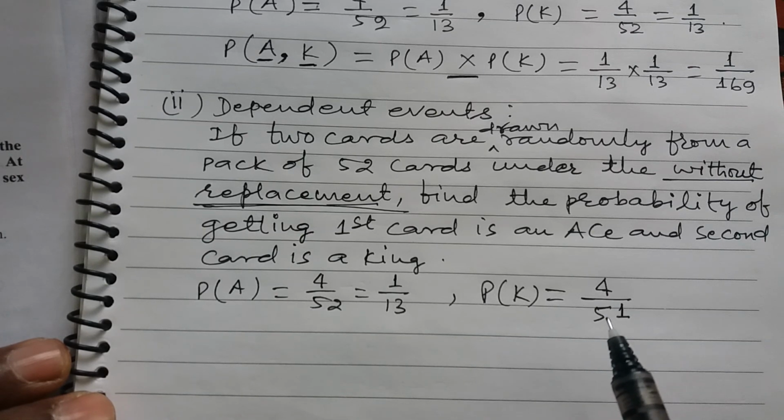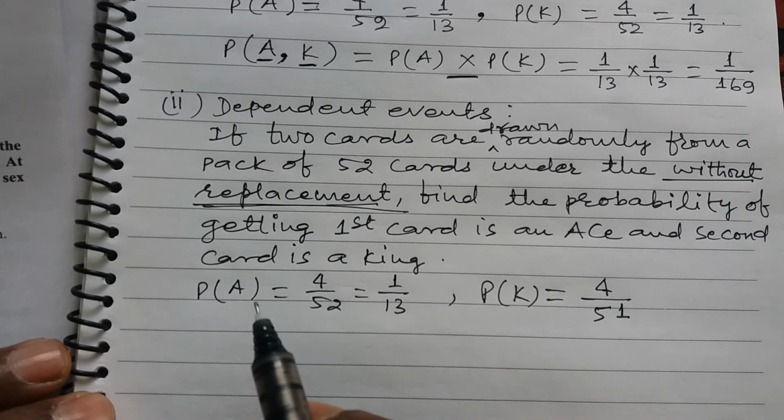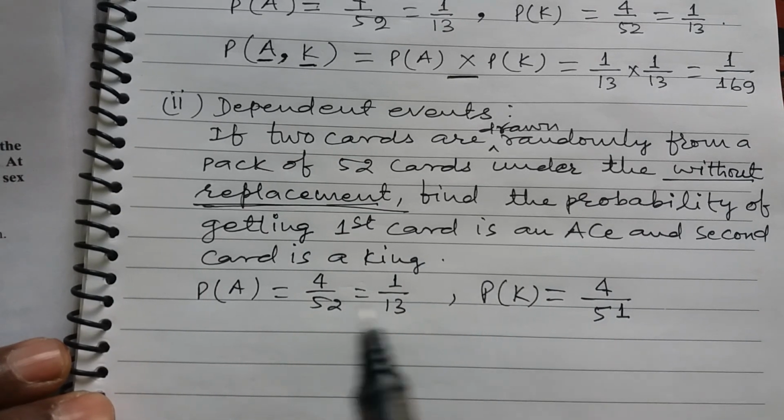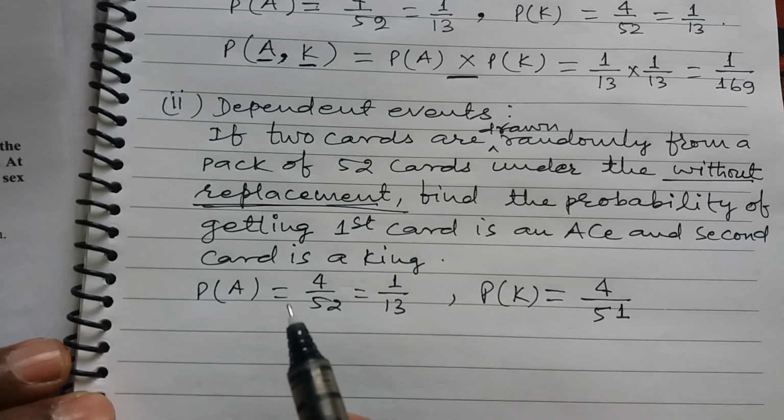Actually it should be 4 by 52 in general, but it is being 4 by 51. So the probability of the second card is being affected because of the first card. So these two are dependent, means second probability is depending upon the first event.